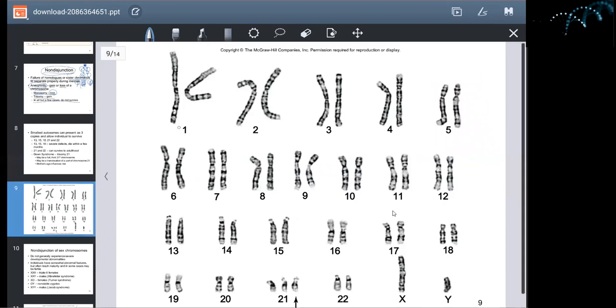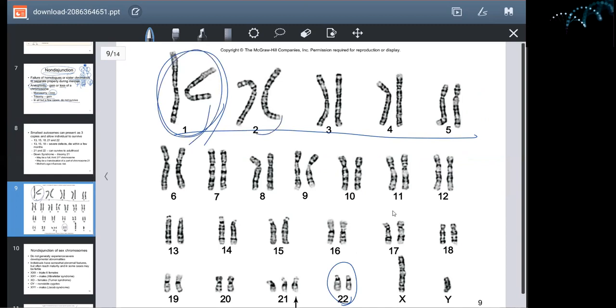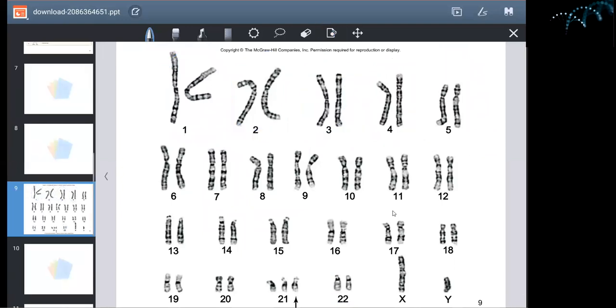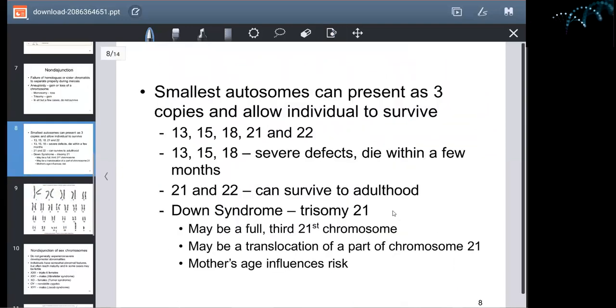Because chromosomes are labeled from big to small, usually these big ones that carry a lot of genes, it's very hard to survive when you have an extra set. What's known to survive are extra copies of chromosomes 13, 15, 18, 21, and 22. The most known one is called Down syndrome, which is trisomy 21.